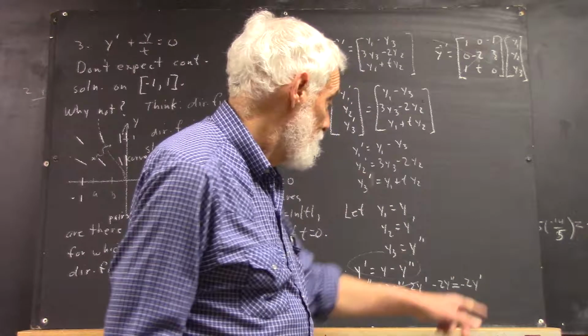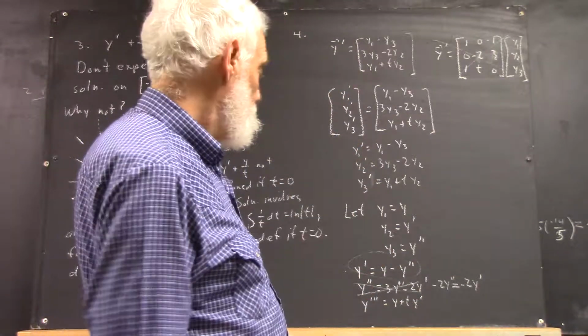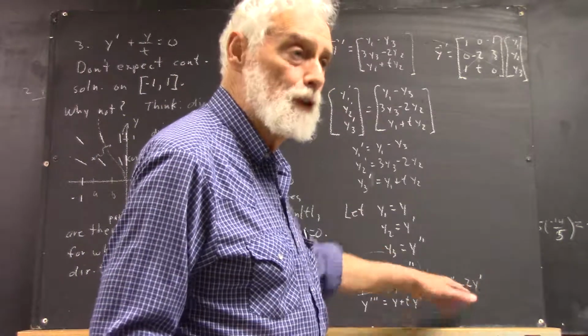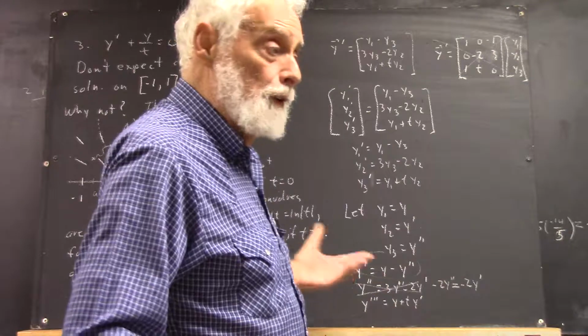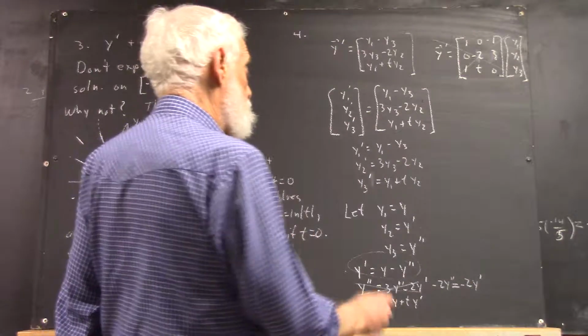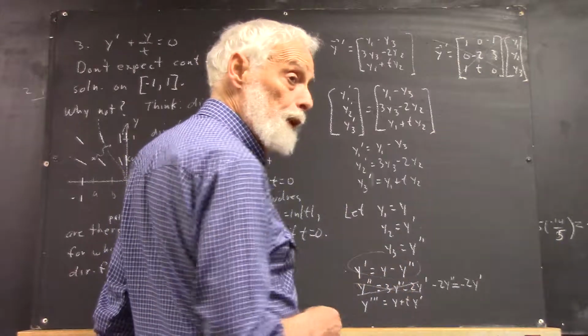But what I'm going to do doesn't depend on whether that's so or not. It's going to simplify things a little bit, and if it does, it does. The procedure is simply, y prime is equal to this, right?